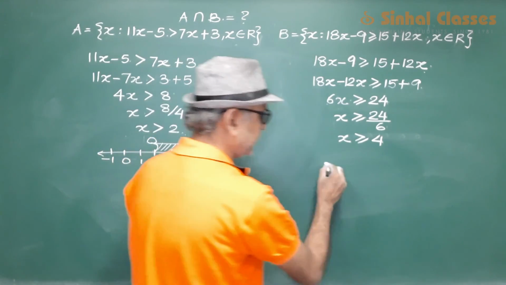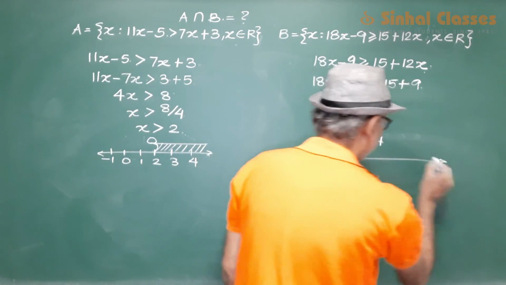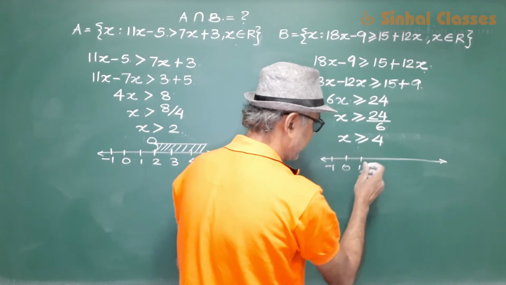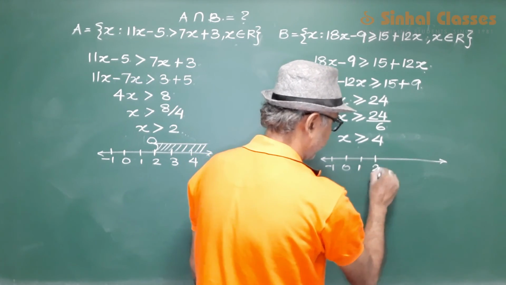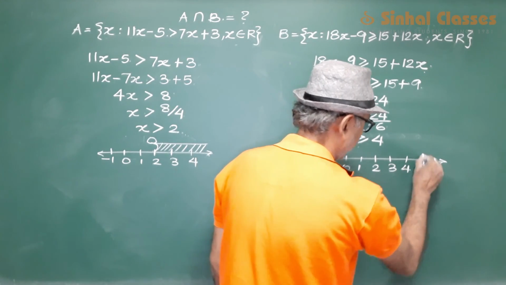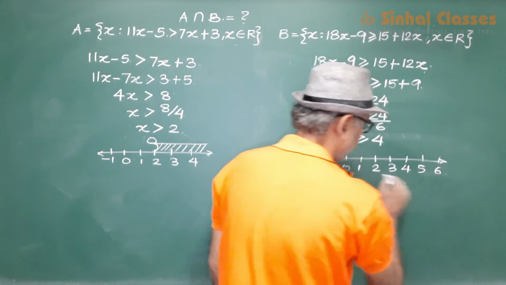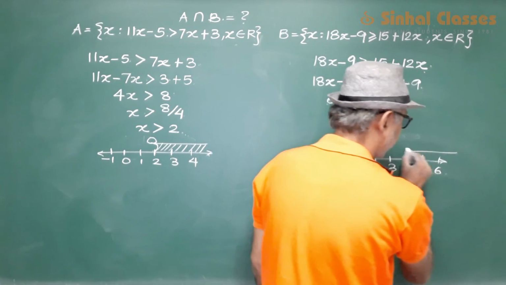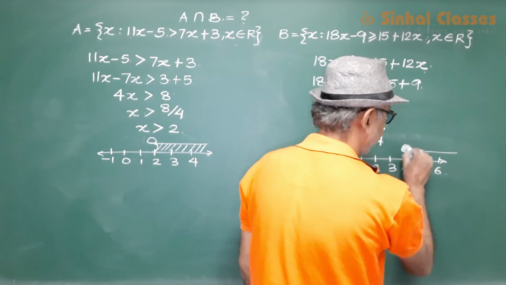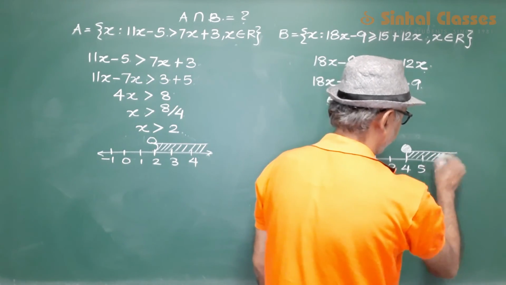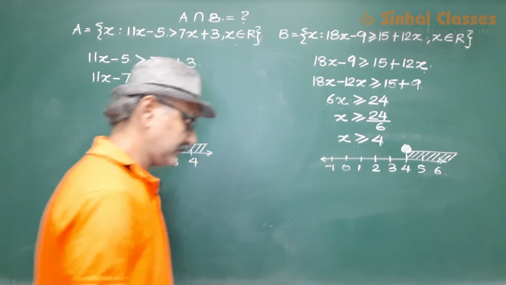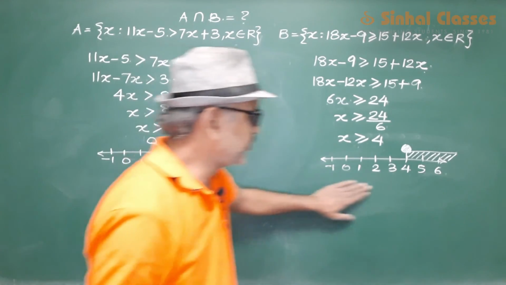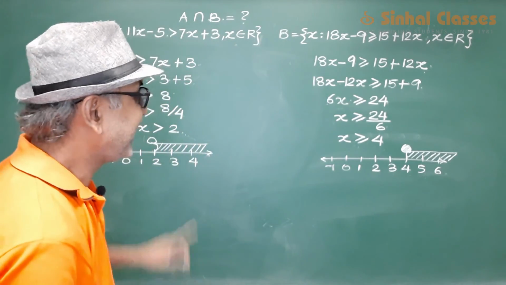On the other side, it is greater than or equal to 4. If it is greater than or equal to 4, a straight line. This is the solution for this second part of the inequation.